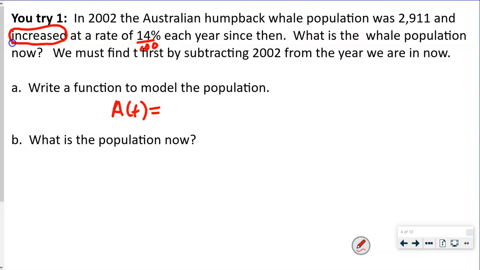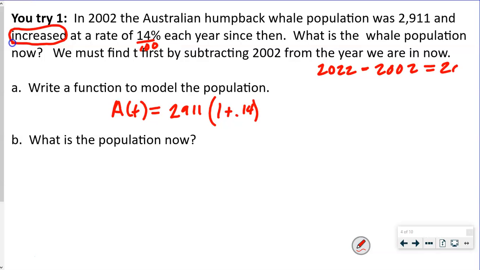So that's going to be 2,911 times our 1 plus 0.14. And then when we're looking for our t, this time we're going to subtract 2002 from 2022, and that's going to be 20 years. So we're going to take this to the 20th power.